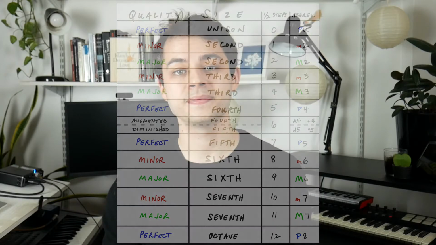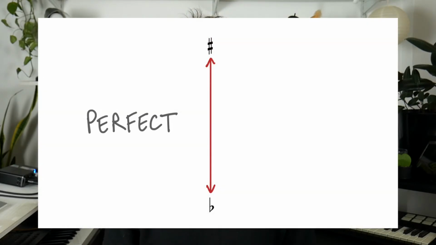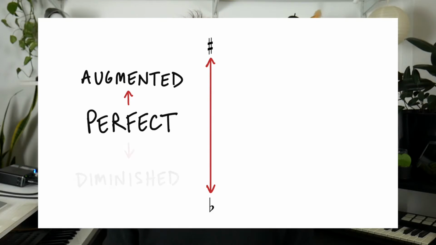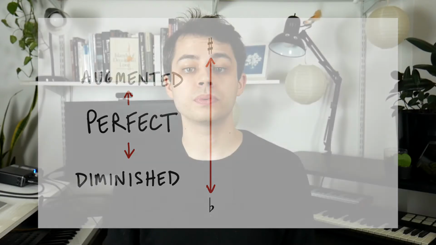Any perfect interval can be either augmented or diminished simply by maintaining the size of the interval while either adding a half step, augmenting it, or removing a half step, diminishing it. We augmented a perfect fourth and diminished a perfect fifth, and we could do the same thing to unisons and octaves too.